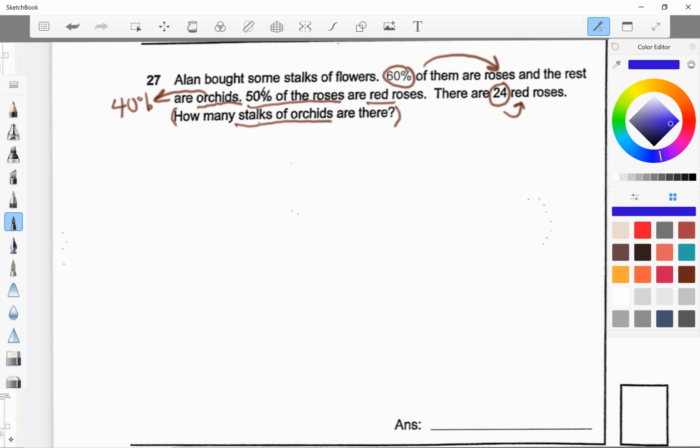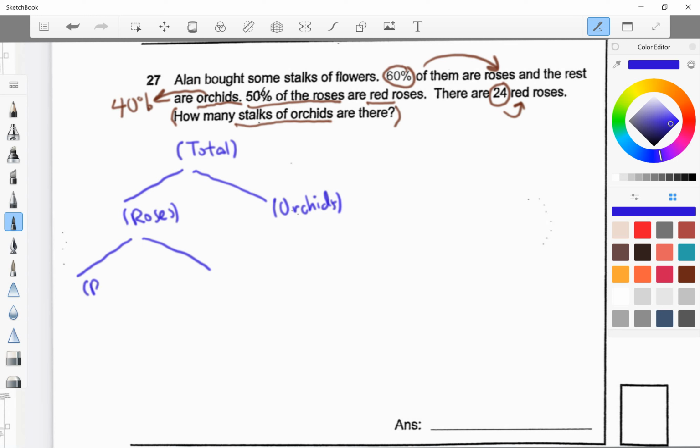Alright, so at the top I will have total, and in this case the total refers to the total flowers, and from there I will branch down into two different items. The first one being roses, and the second one would be orchids. Moving on, I will split the roses up into two kinds of roses.